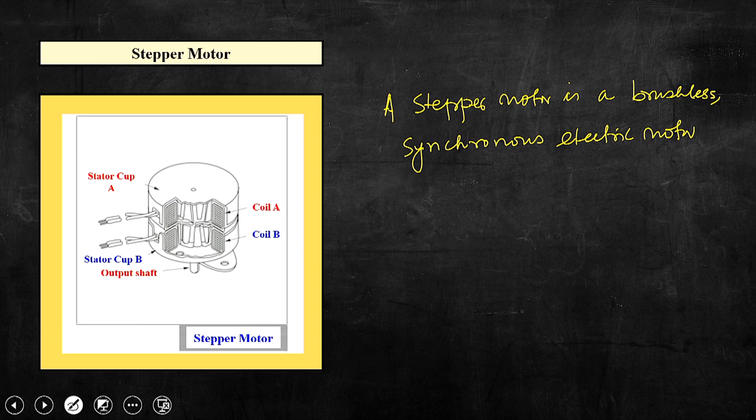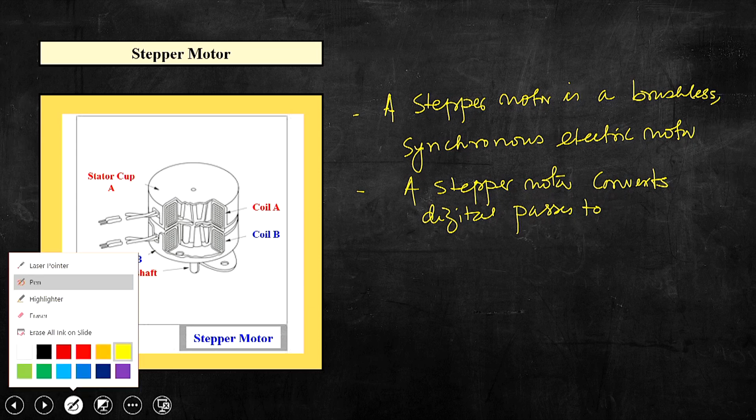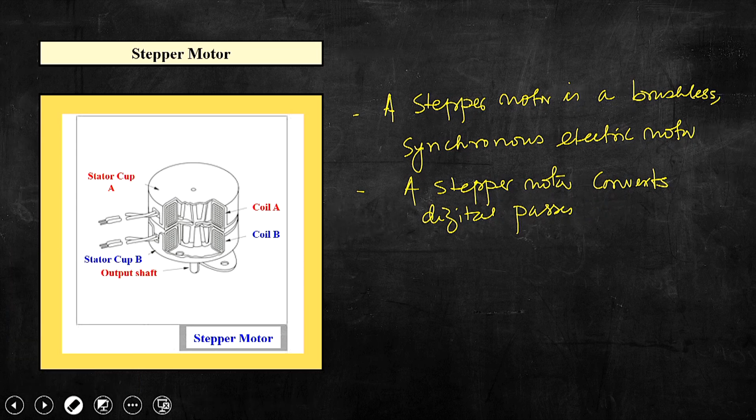This is the first important salient feature. A stepper motor converts digital pulses into mechanical shaft rotation.